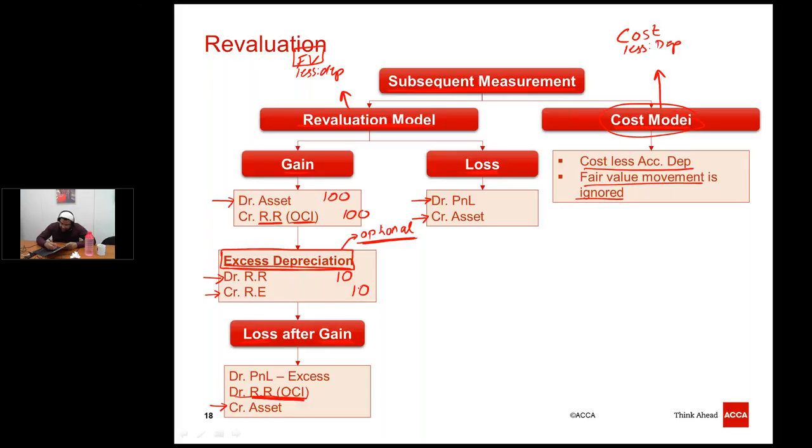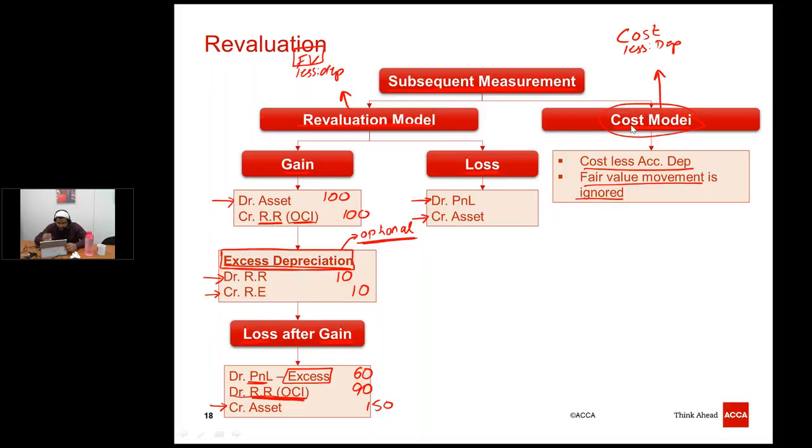So now the remaining amount in the revaluation reserve is 90. So if the loss is 150, the excess of 60 is going to be recorded in P&L. The P&L will only be charged by the excess amount and not for the remaining amount.